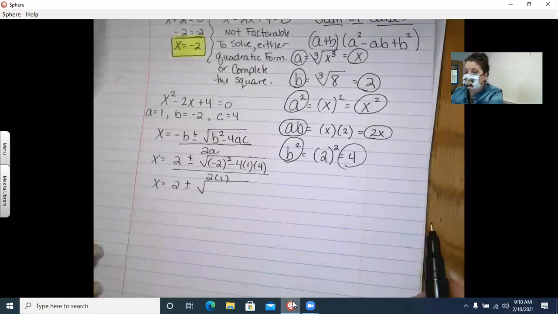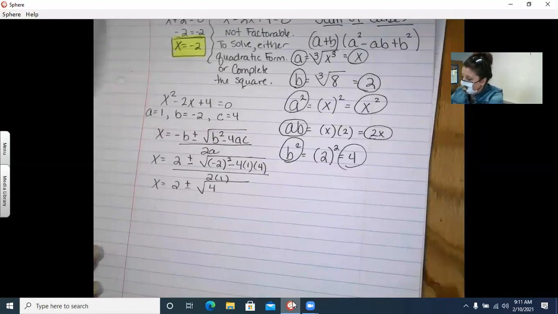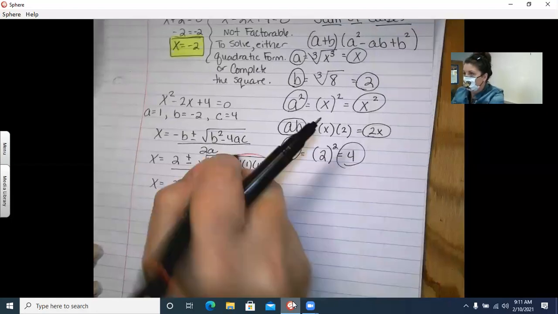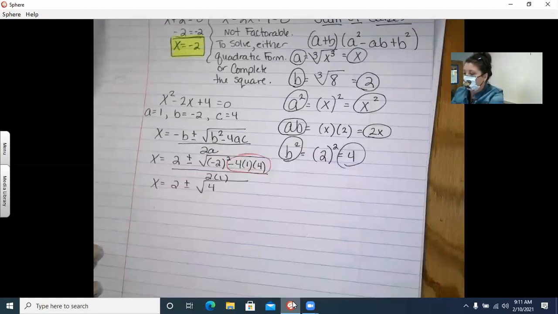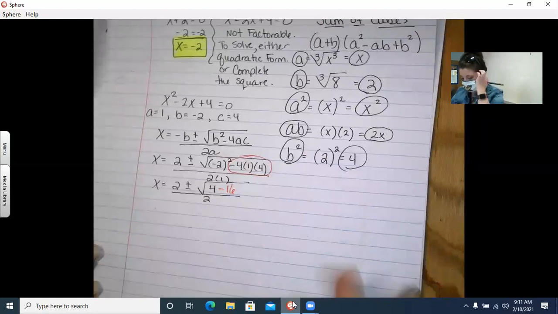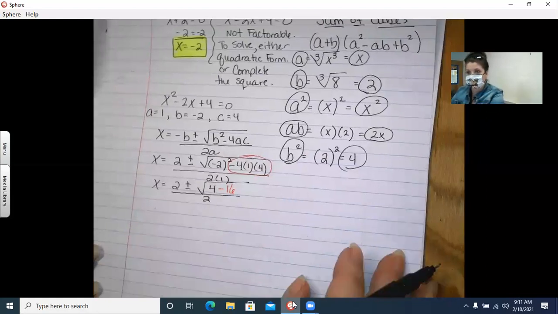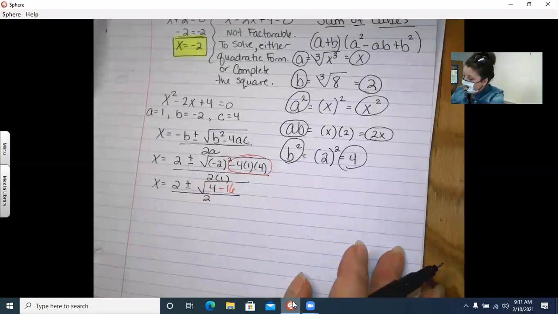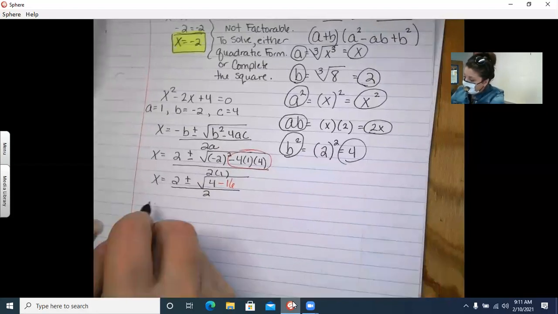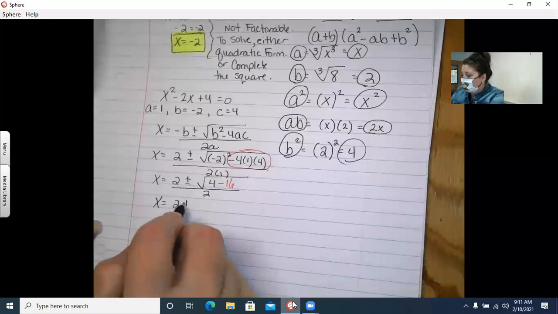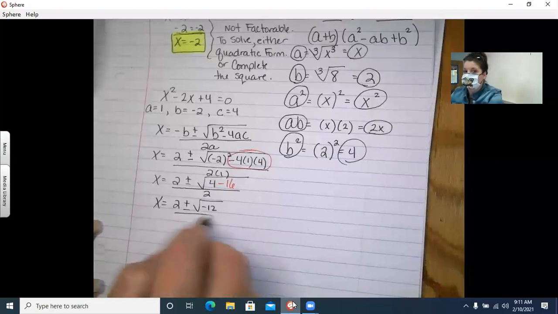That means -2 times -2, +4. Then remember, do the minus 4ac all together. So -4 times 1 is -4, and -4 times +4 is -16, all over 2. So that gives us x equals 2 plus or minus the square root of negative 12 quantity divided by 2.